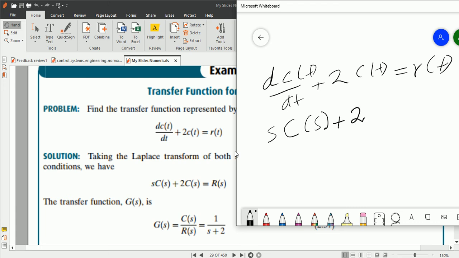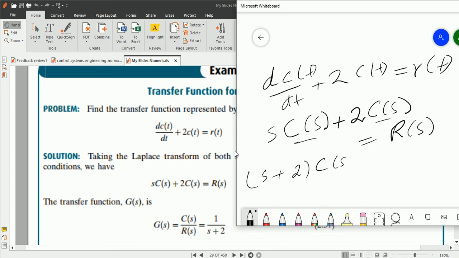Plus 2 constant, here we will have C of s, and r of t becomes capital R of s. In time domain we have small symbols, in frequency domain we have capital symbols. Now take C of s common, we'll get s plus 2 into C of s is equal to R of s.